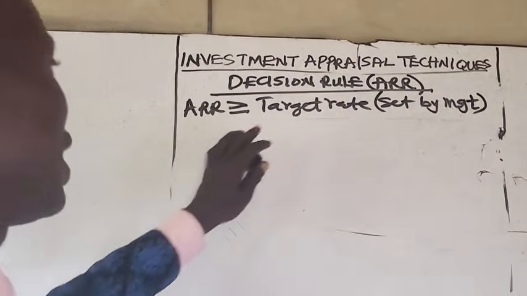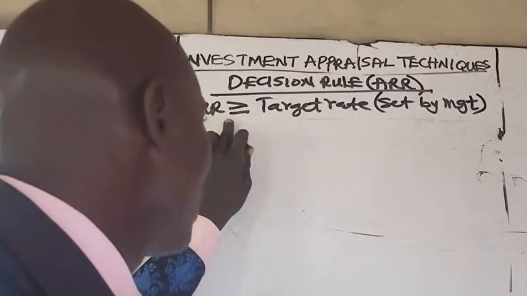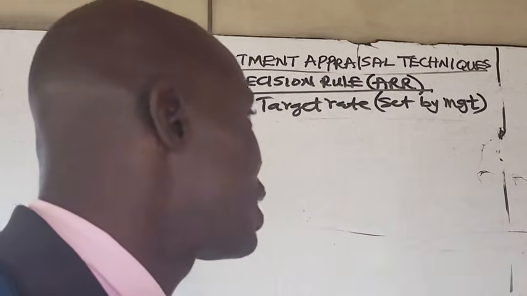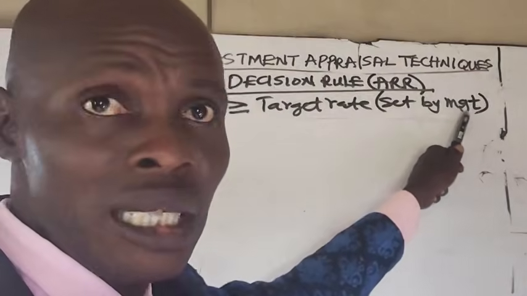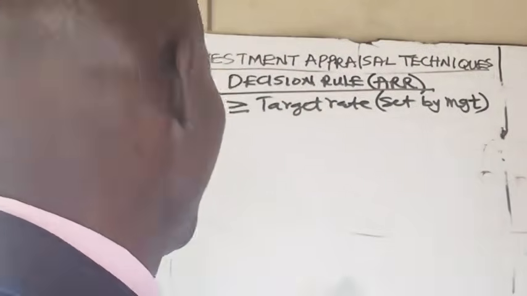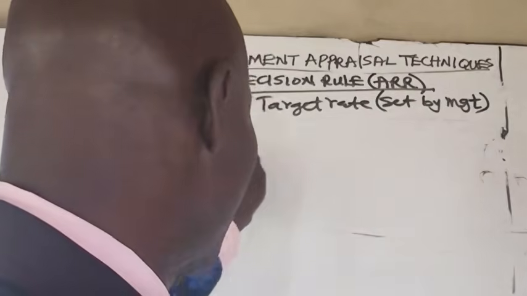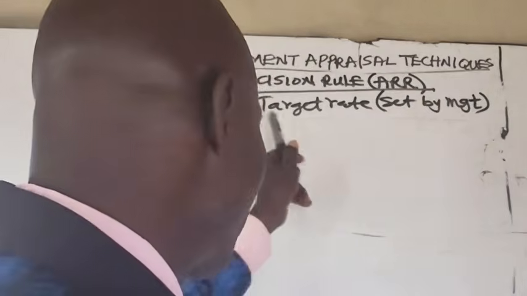If the ARR is greater than that or exactly equal to that, you accept the project.